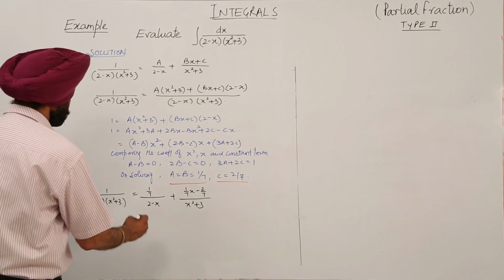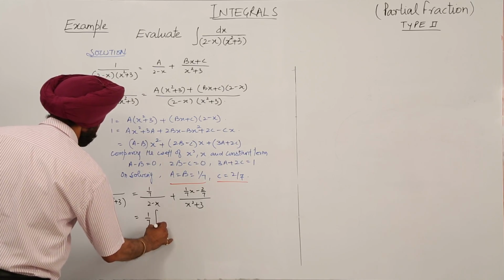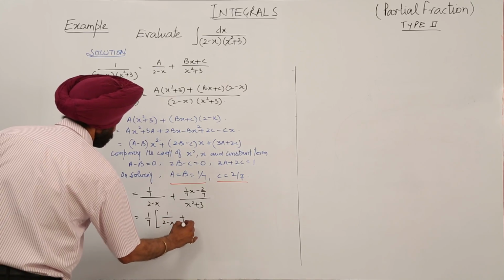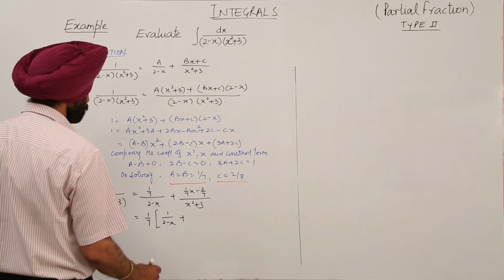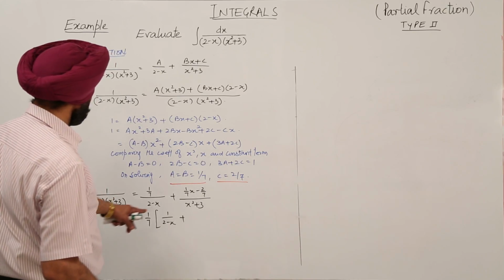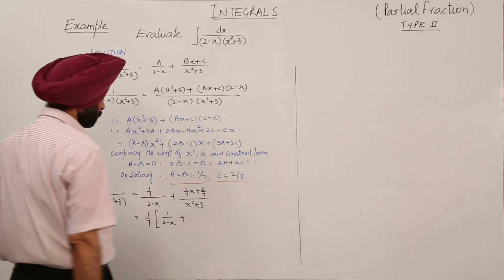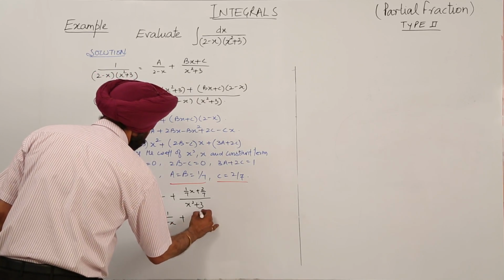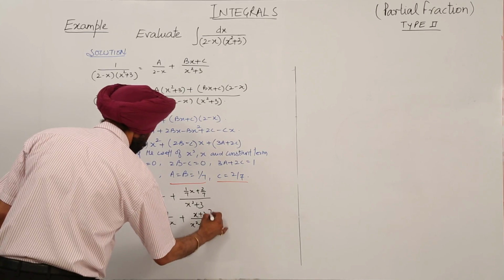Okay, and this further we can write it 1 by 7 with 1 upon 2 minus x plus, now 1 by 7 it is bx plus c, so c is (1 upon 7)(x plus 2). So we are getting x plus 2 upon x square plus 3.